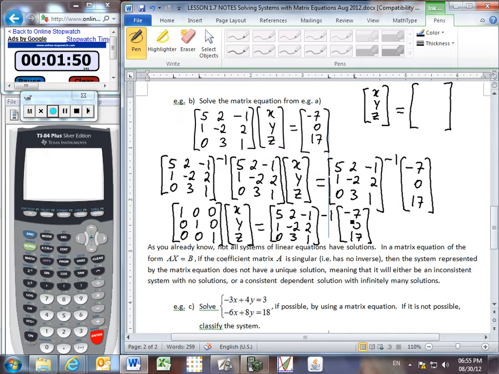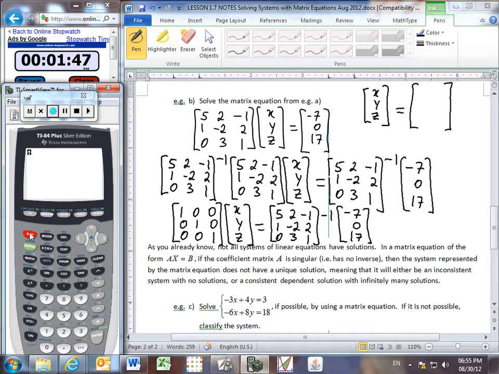To do this, I need to enter my matrix equation. So I'll say second matrix, and I'm going to edit a matrix called A, and I want it to be 3 by 3. Let's put in the numbers 5, 2, -1, 1, -2, 2, and 0, 3, 1. And now then I'll quit.